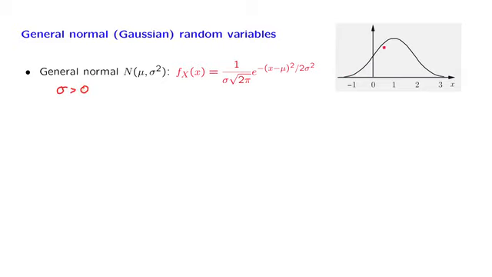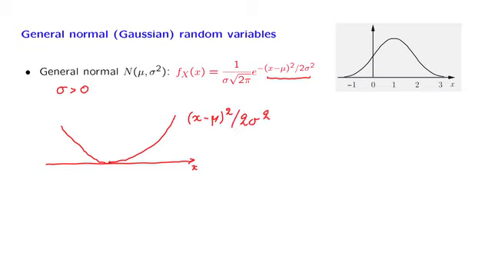Once more, it will have a bell shape, but this bell is no longer symmetric around 0, and there is some control over the width of it. Let us understand the form of this PDF by focusing first on the exponent, exactly as we did for the standard normal case. The exponent is a quadratic, and that quadratic is centered at x equal to mu.